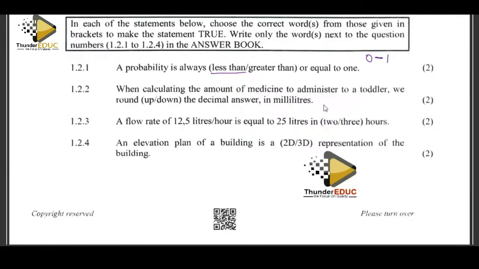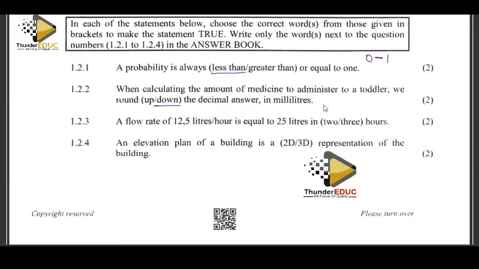Okay. When calculating the amount of medicine administered to toddlers, we round up or down the medical answer in millilitres. We have to round down to avoid what? Overdose. Okay.